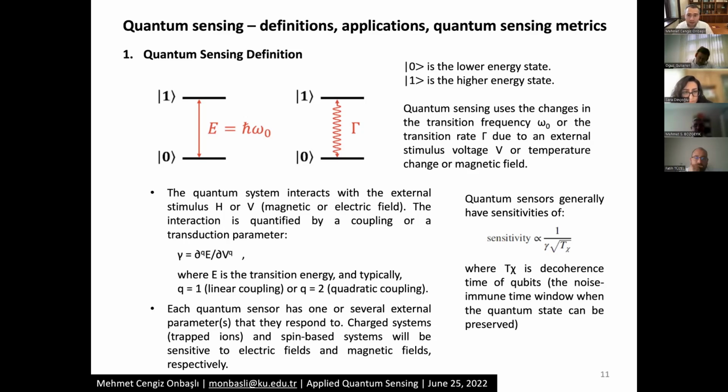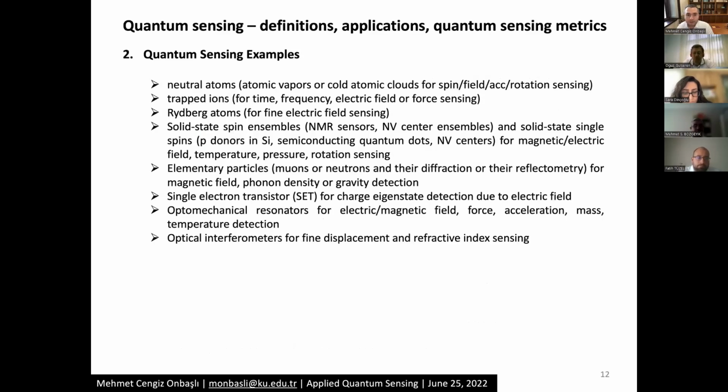In addition to that, the order of the transduction parameter is also going to be strongly relevant, and it will show itself in the trapped-ion or photonic or other types of qubits. And each quantum system has one or several external parameters that they respond to. For instance, charge systems and spin-based systems will be sensitive to electric fields or magnetic fields respectively.